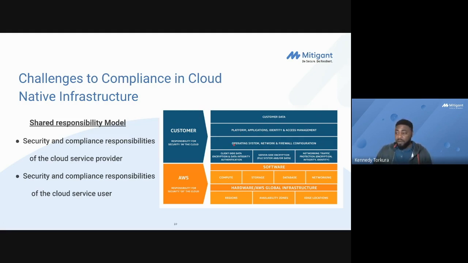All these things are part of what you should do. The other things are like encryption of data, whether it's server side or client side encryption, all the traffic analysis, all the things that go in at the network layer, traffic moving from one spot to the other. All of this is part of what you should do as a cloud customer.